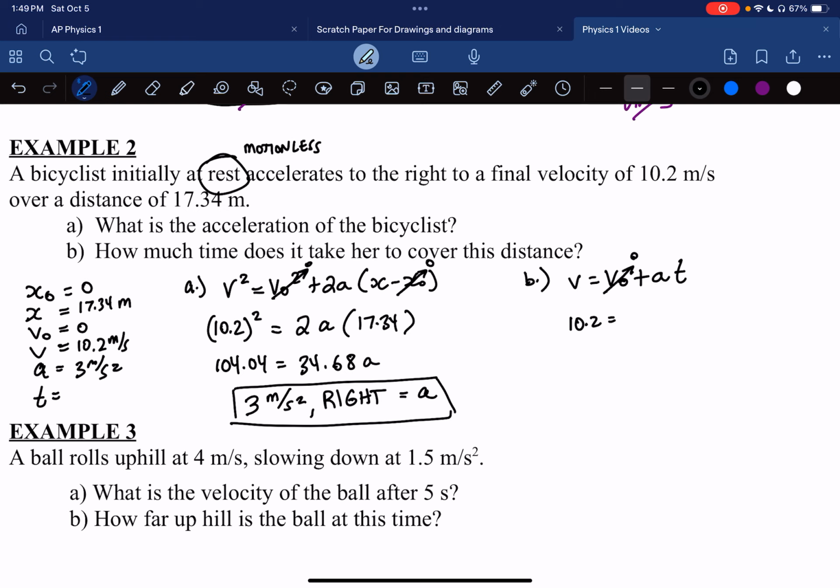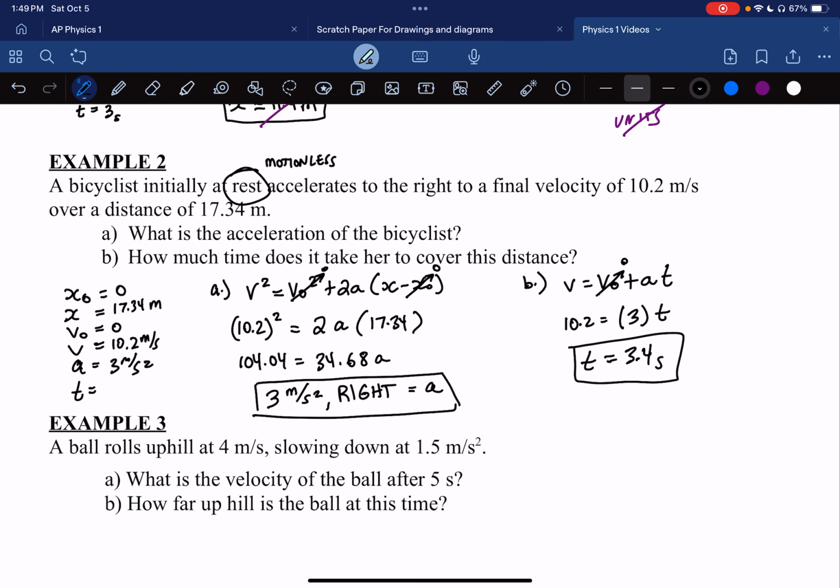V naught is 0. A is 3. By the way, you don't write direction or units while you're working the problem. You write it just at the end. So we'll take 10.2 divided by 3, and the time was 3.4 seconds. Cool. The scoring here would be roughly the same as the last one.